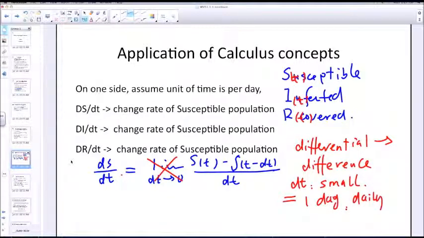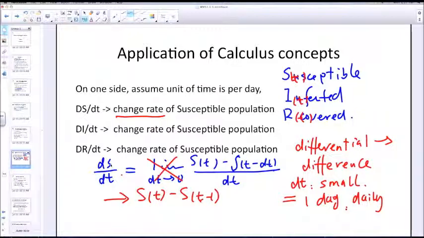So when we talk about the change rate, we're talking about a daily change rate. In this case, the derivative is approximated as the population today for that particular susceptible group minus the population 1 day ago.